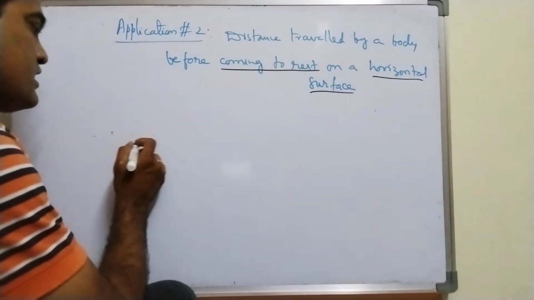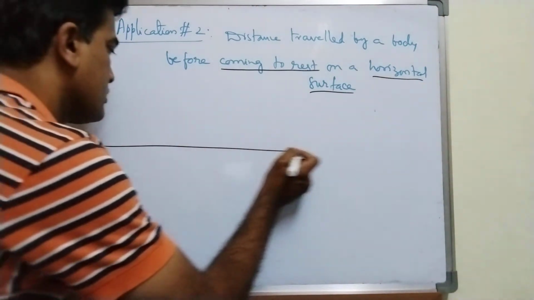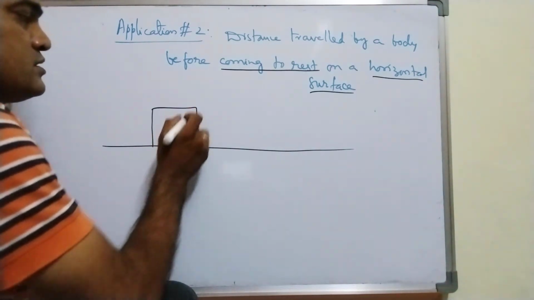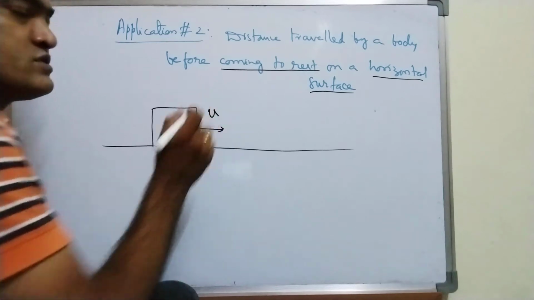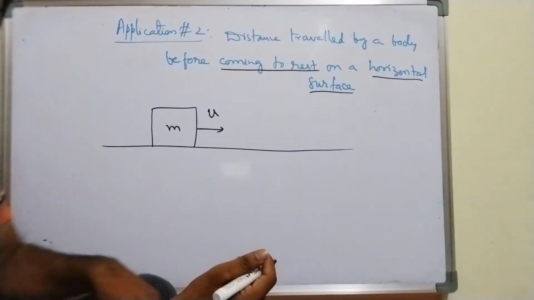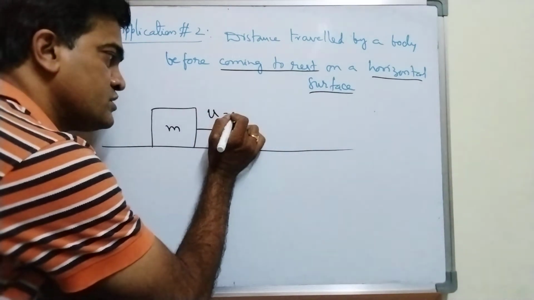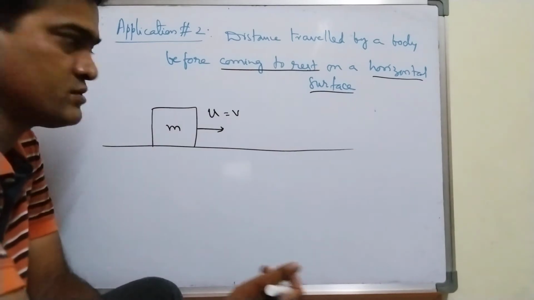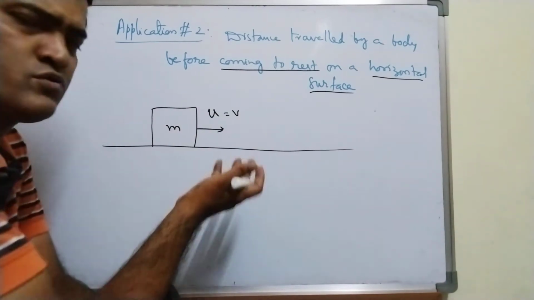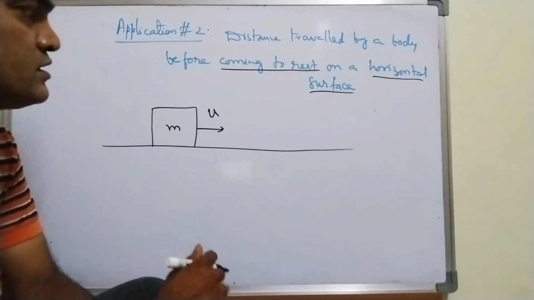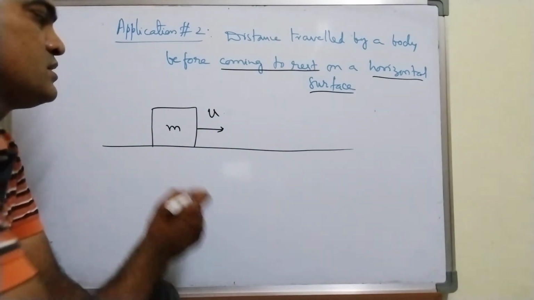Let's say I have a block of mass m initially moving with a velocity u. Let us say u is equal to u.